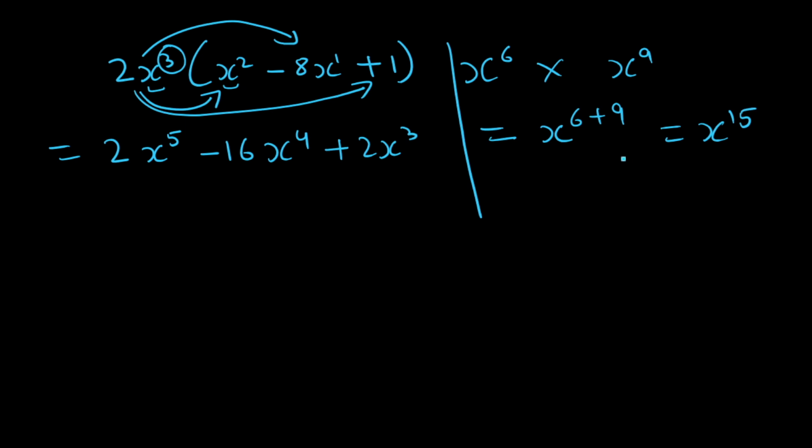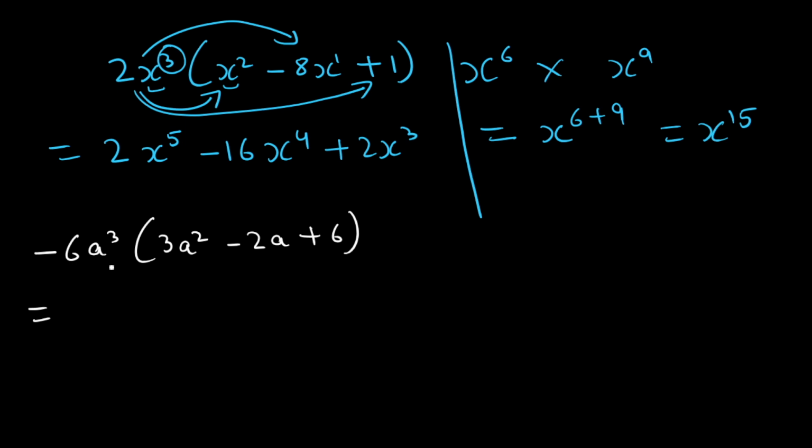Okay, let's try one more with a negative number in the front of the problem. It is negative 6a cubed times (3a squared minus 2a plus 6).